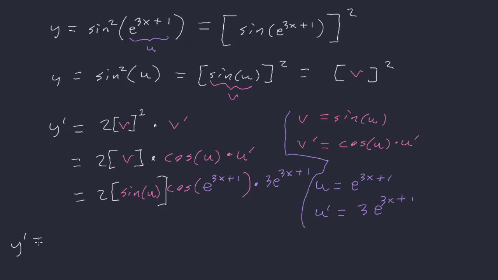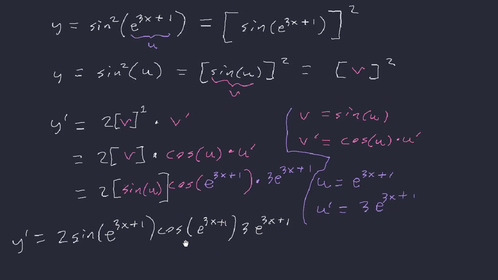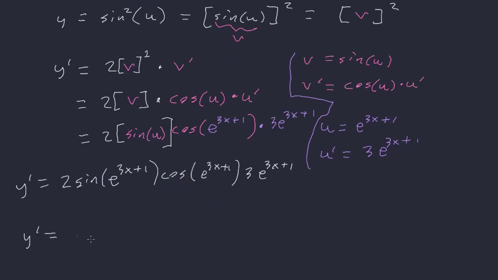Okay, so finally y prime will be 2 sine of e to the 3x plus 1, cosine of e to the 3x plus 1, all times 3 times e to the 3x plus 1. So you can move that to the other side here to give us that y prime is 6e to the 3x plus 1 times sine of e to the 3x plus 1 times cosine of e to the 3x plus 1.